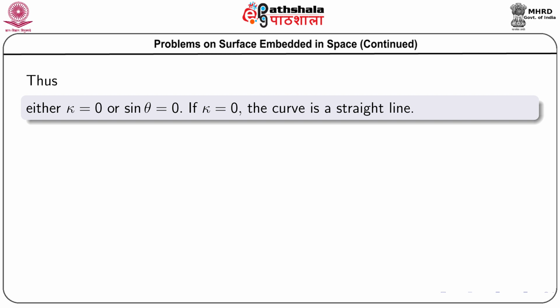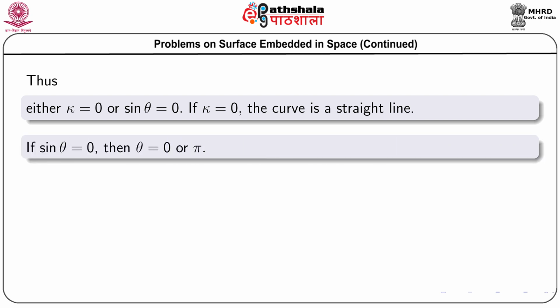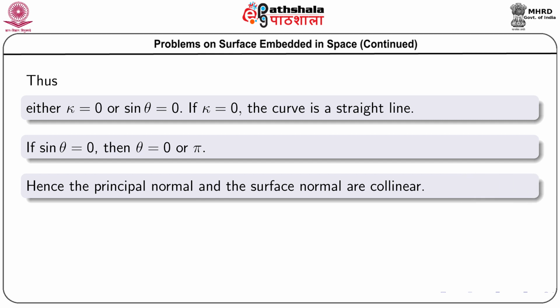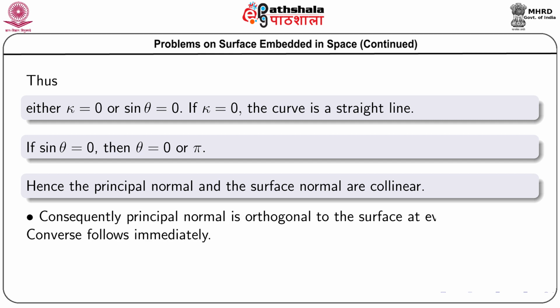Now, if kappa equals 0, the curve is a straight line, and if sin theta equals 0, then theta equals 0 or pi. Hence the principal normal and the surface normal are collinear, and consequently the principal normal is orthogonal to the surface at every point. Now, the converse also follows immediately.